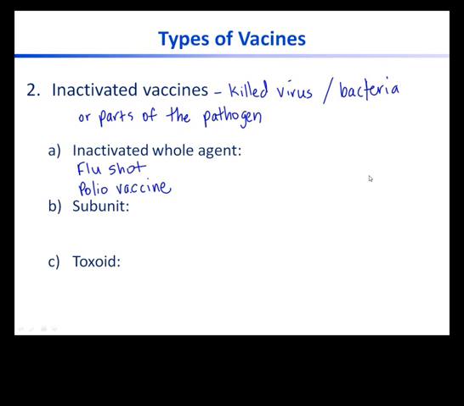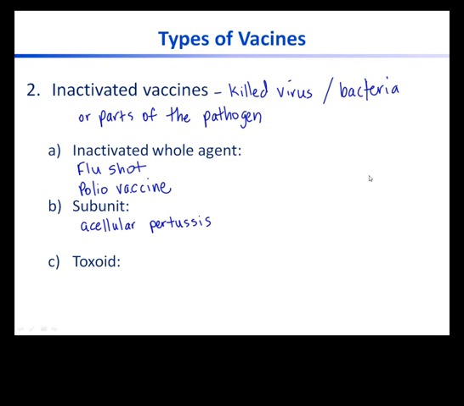A subunit vaccine is one where only a few antigens from the pathogen are used in the vaccine. Usually these are proteins that come from the pathogen. Typically they are produced as recombinant proteins and not isolated from the pathogen. The acellular pertussis vaccine is an example of a subunit vaccine. Three proteins from Bordetella pertussis are used to form this vaccine.